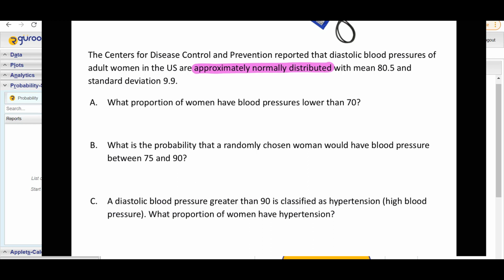And to find the area, we're going to use the probability calculator in OurGuru. So again, I like to draw this out first. We have a normal distribution for blood pressures. The mean is 80.5. And we want to know what proportion of women have blood pressures lower than 70. So 70 is somewhere to the left. Lower would be shaded this way.